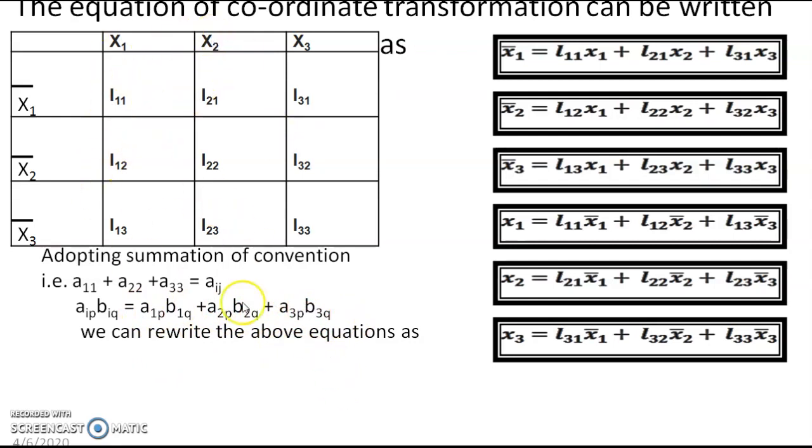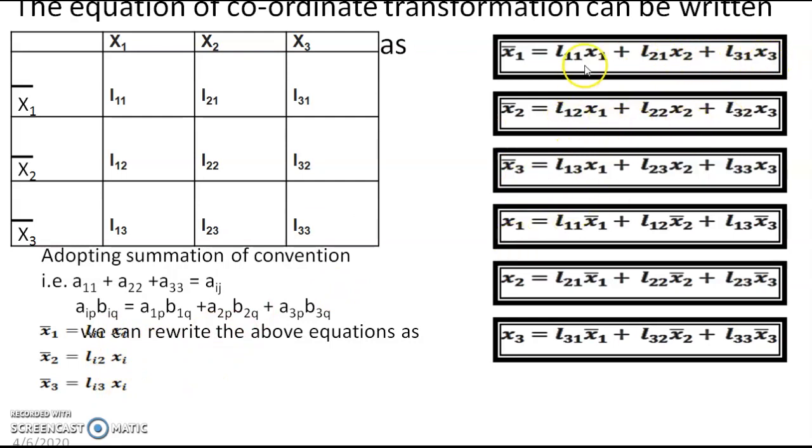We can rewrite the above equations. We can rewrite this first equation as x1 bar equals L11 x1 plus L21 x2 plus L31 x3.